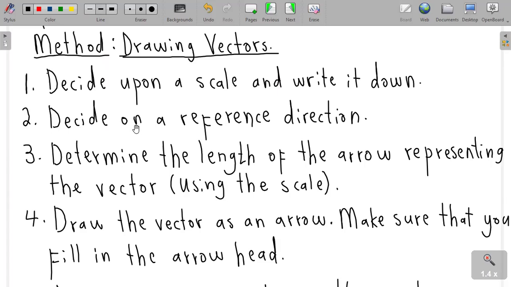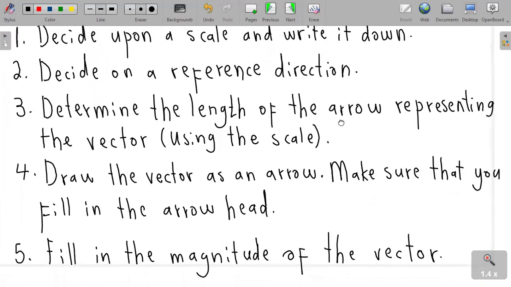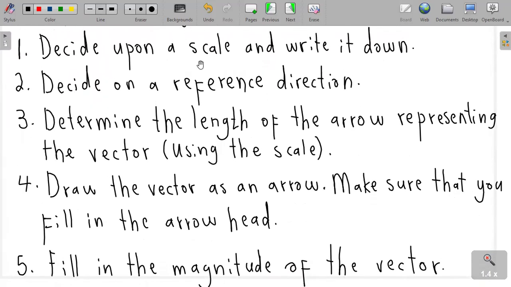Anything that will go in the opposite direction of the reference direction will become a negative vector. And then determine the length of the arrow, because if we have decided upon a scale, we can then determine the length of the arrow representing the vector using the scale.